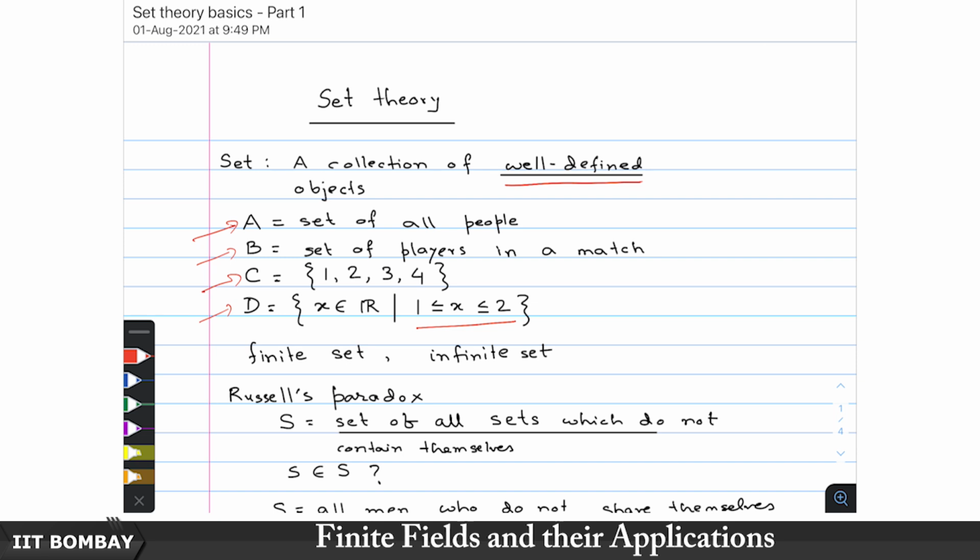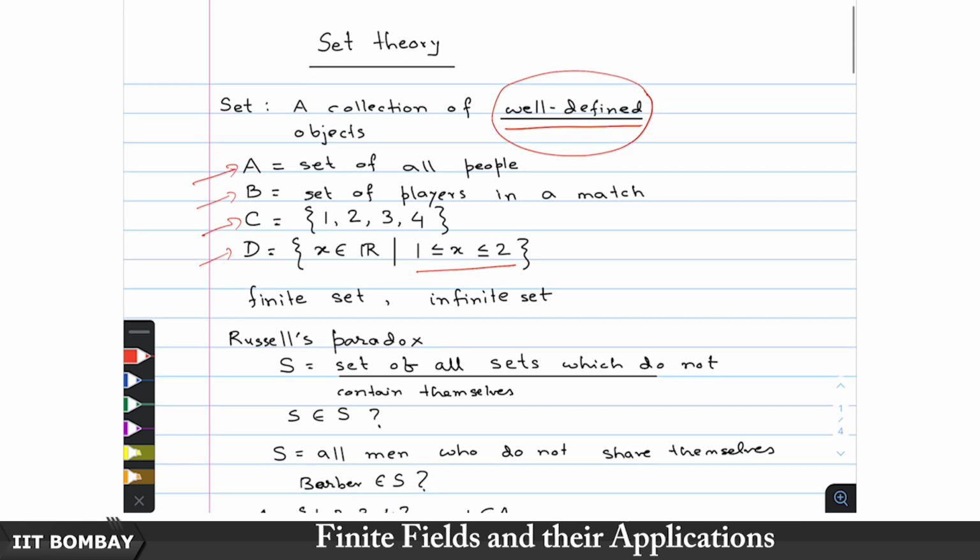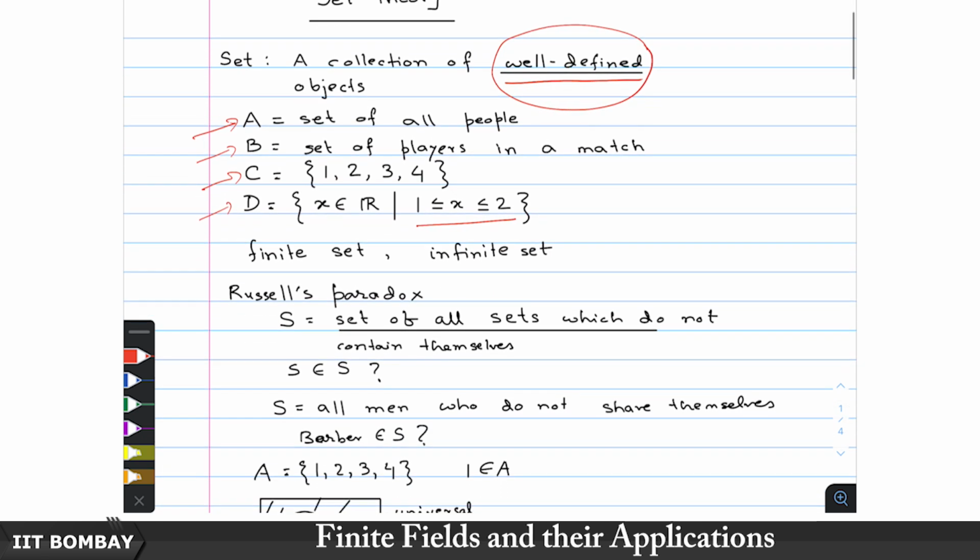So, coming back to the phrase well defined, as I was saying, some definitions can be ambiguous, and one example is a famous paradox called Russell's paradox. Suppose someone defines a set as the set of all sets which do not contain themselves.